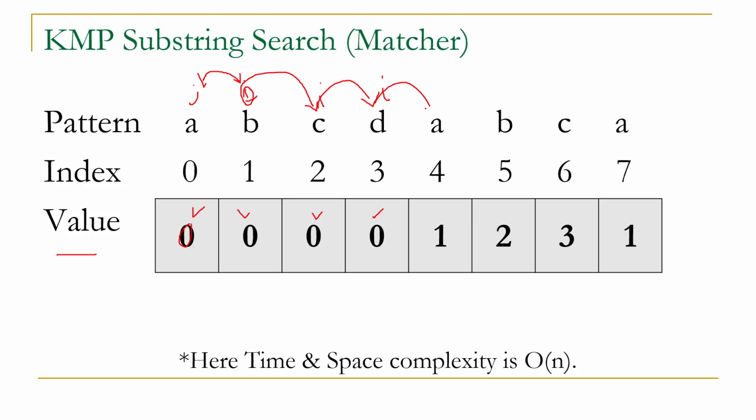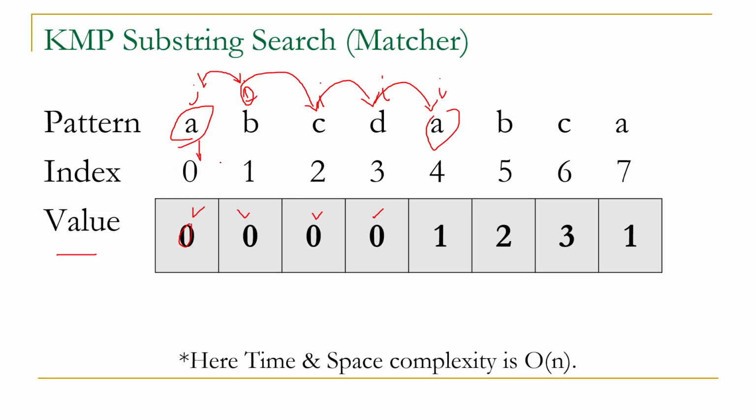And finally, if we increase the index of I to here, we can see A is matched with A. If this is matched, then we see the J index is 0.